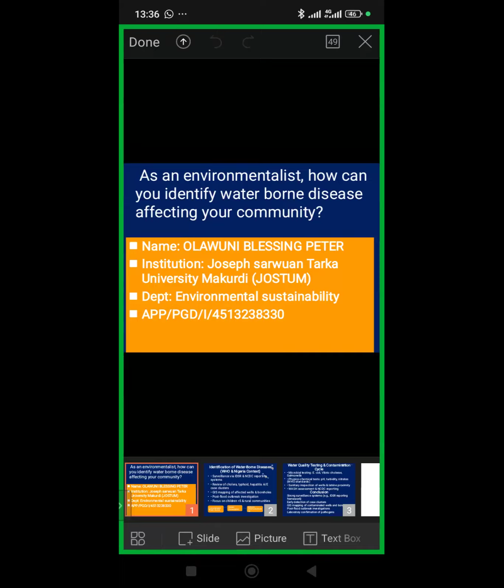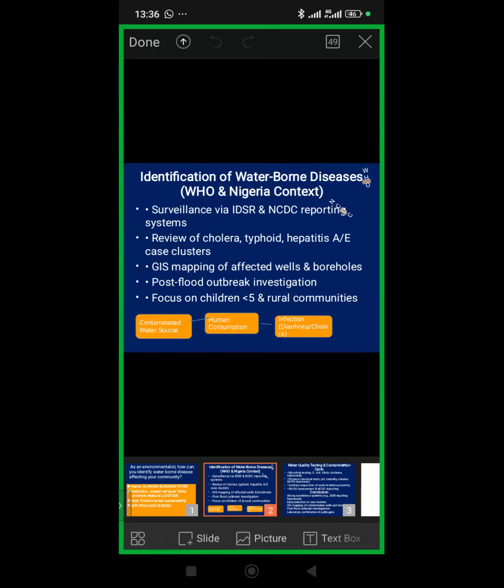I would like to talk on my slide here, which says identification of waterborne disease. The surveillance via the IDSR, which is known as the Integrated Disease Surveillance and Response, and we have the NCDC, which is known as the Nigeria Centre for Disease Control.